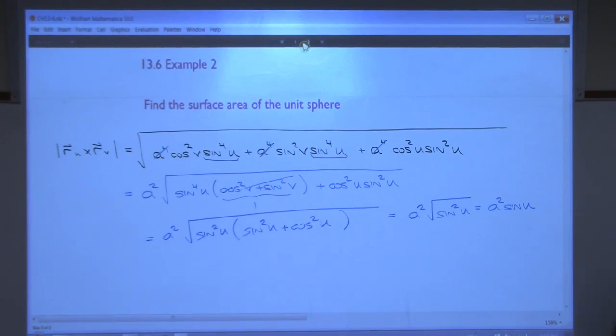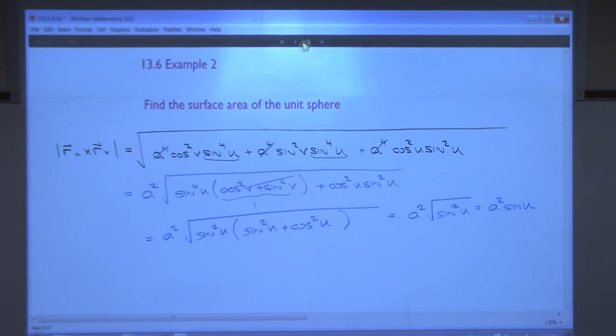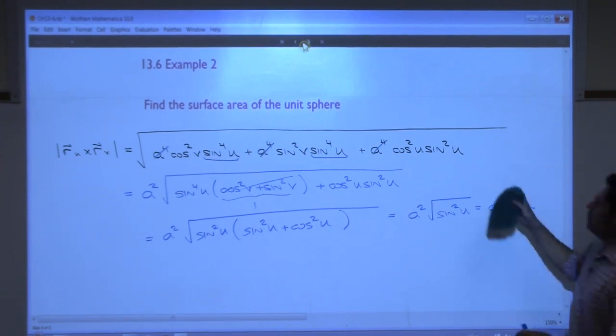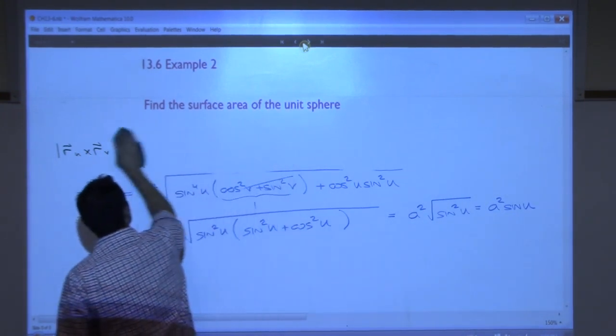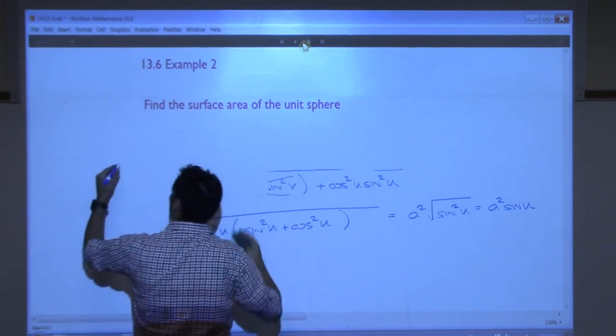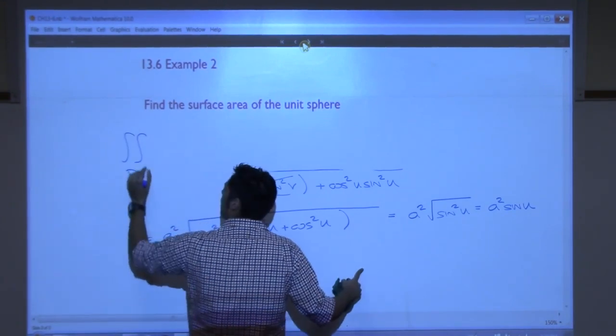All right, that's it. Any questions on where I got any of that? Now we just integrate, right? Double integral. So we're going to go double integral over D of a squared.